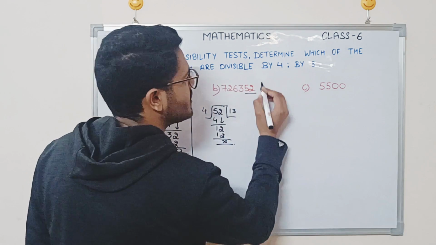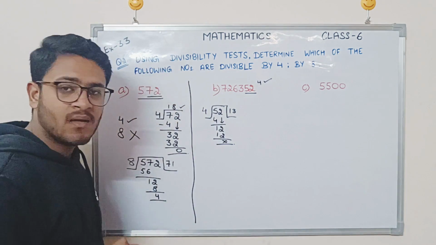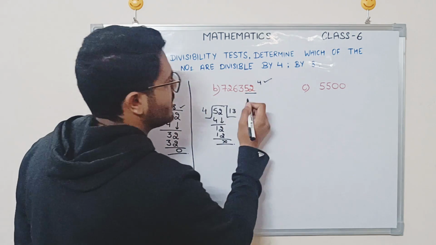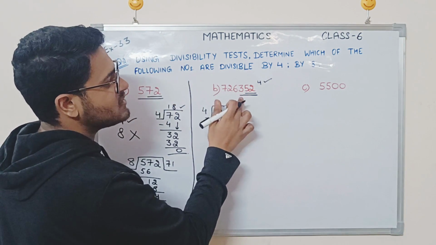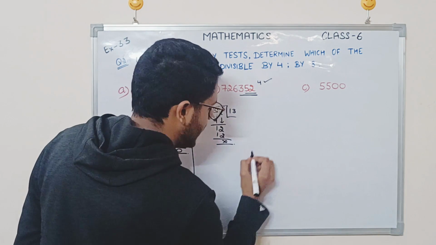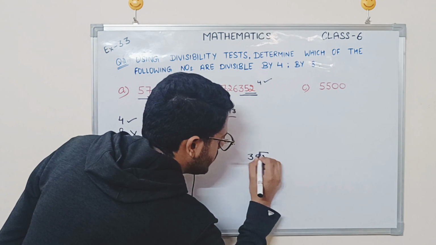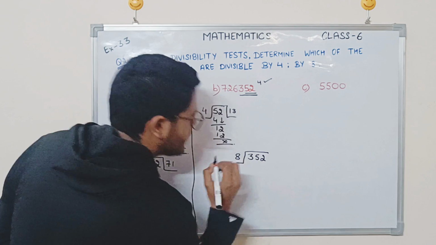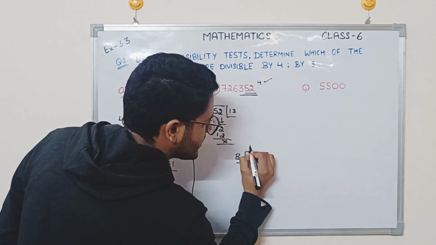Therefore, this whole number is also divisible by 4. In order to check the divisibility for 8, we will take the last three digits, right? The last three digits will be 352. Now divide 352 by 8. So what will it be? 8 fours are 32.